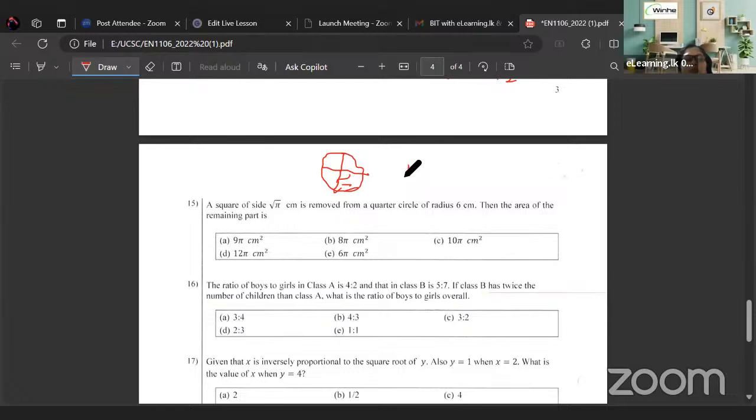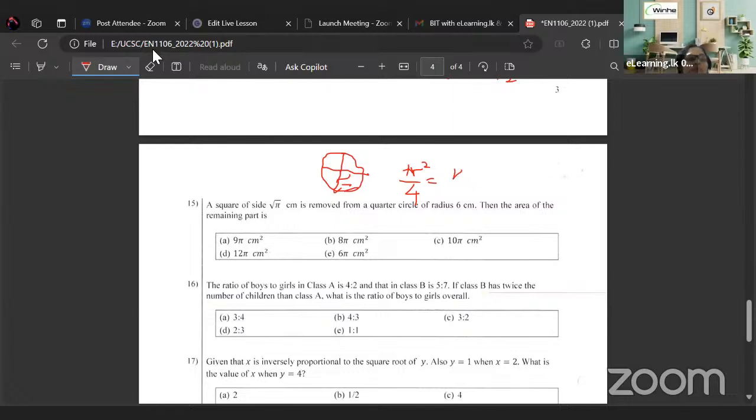Pi r squared is the area of the circle. Then the area of the quarter circle is, you should divide this by 4. Now you know the r is 6.